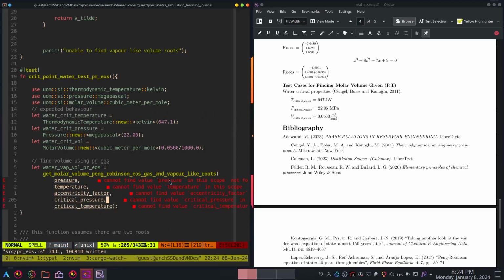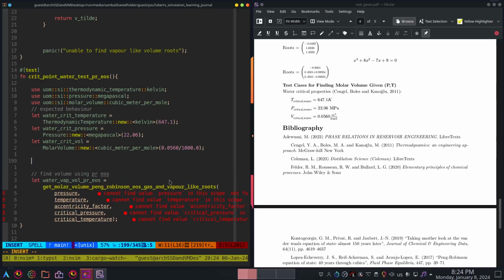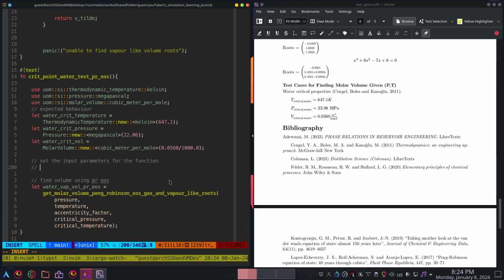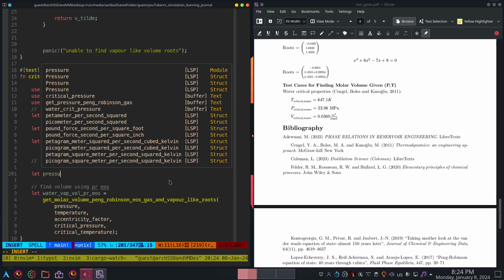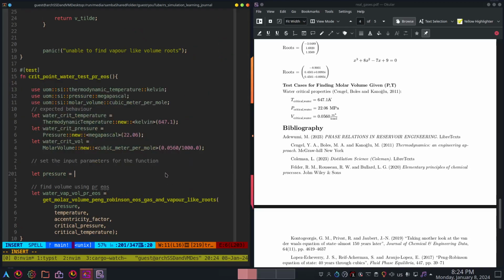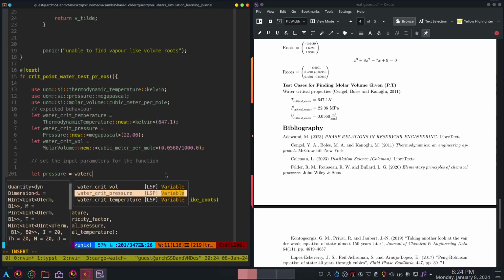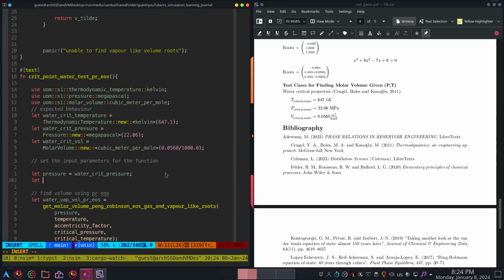I'm going to set the input parameters for the function. Let pressure, the pressure in question, be the critical pressure. Let crit pressure equal water crit pressure.